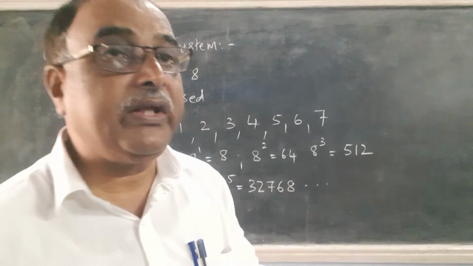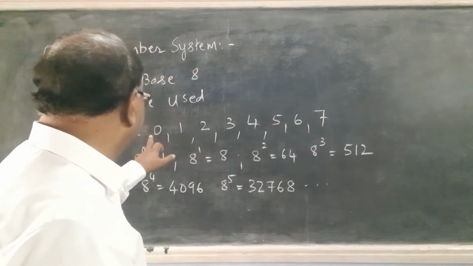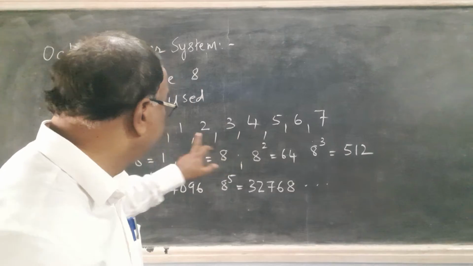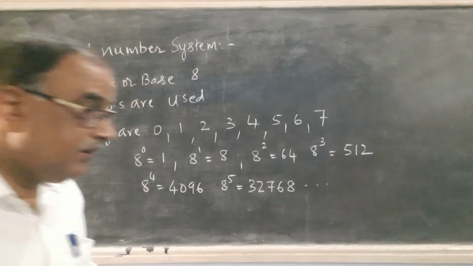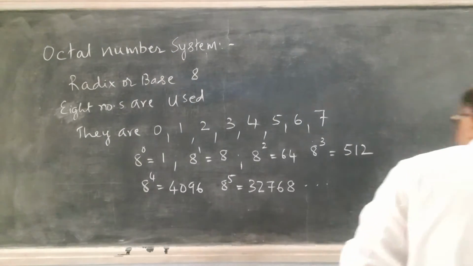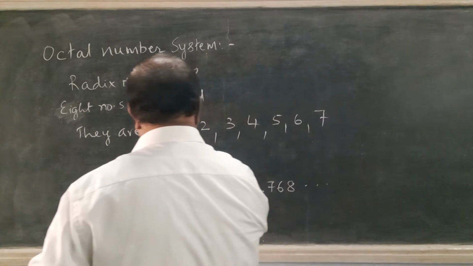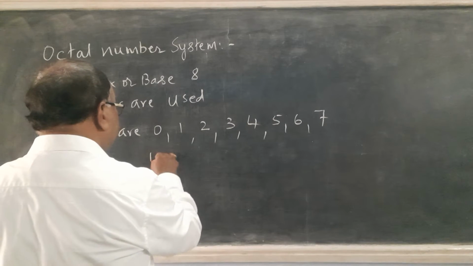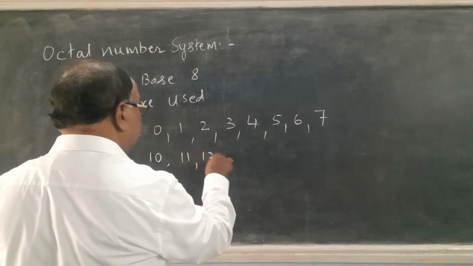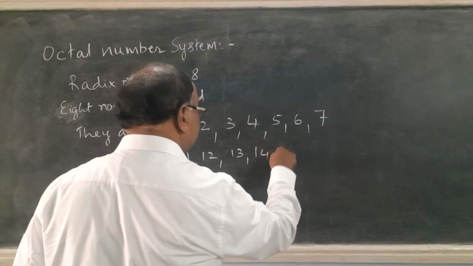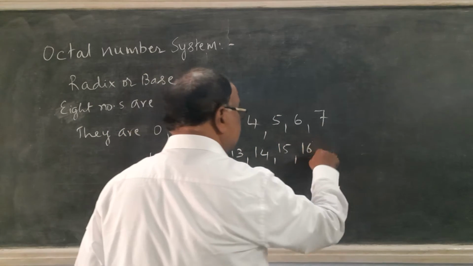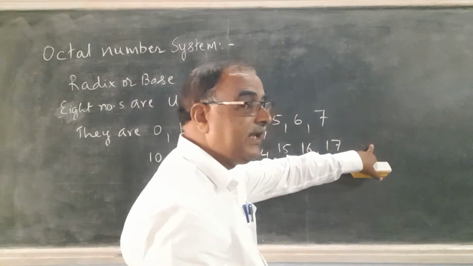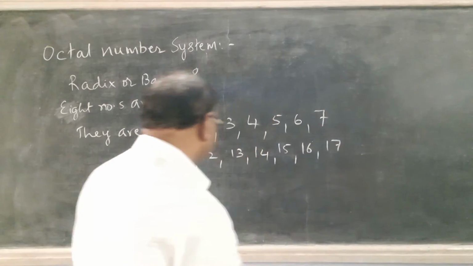In counting the higher numbers, we make use of 10, 11, 12, 13, 14, 15, 16, 17. So 18 and 19 are left out; 8 and 9 are left out.